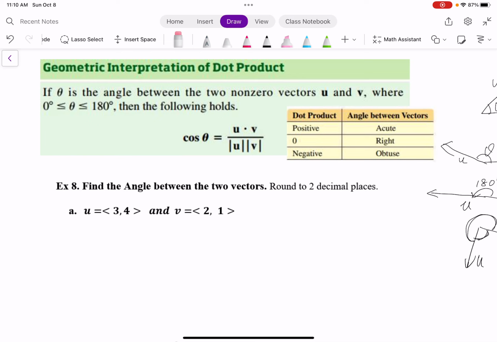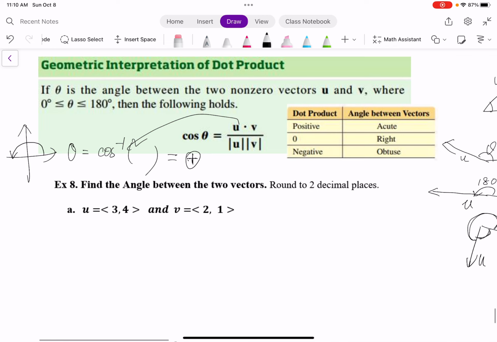Okay, let's use this formula to find the angle between the vectors u and v. And we need to be very, very careful. When we are looking for the theta, we need to use theta equals the inverse of cosine of this. If I'm having a positive cosine value, my calculator will give me the angle in the first quadrant, that's an acute angle.